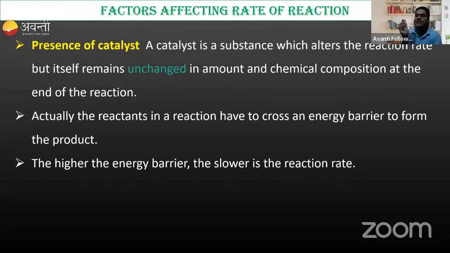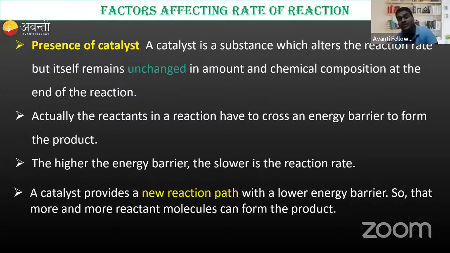The higher the energy barrier, the slower the rate of reaction. So catalysts provide an alternate path of lower energy barrier. A catalyst provides a new reaction path with the lower energy barrier so that more and more reactant molecules can form the product. I hope this is very clear to you.